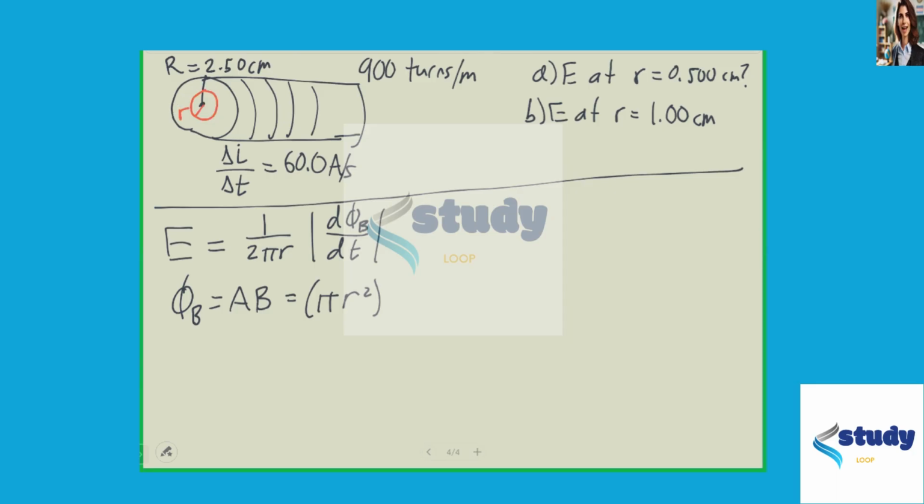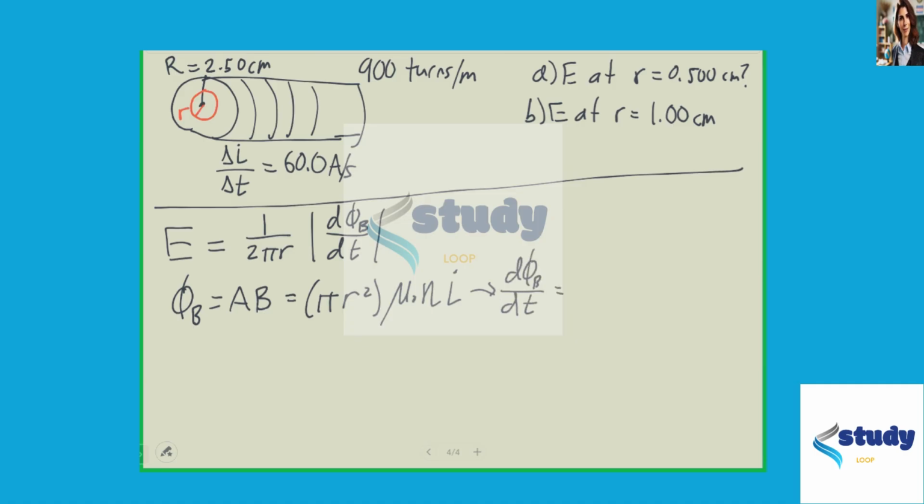And the magnetic field is the magnetic field due to a solenoid, which is mu naught times n times I. So mu naught is the classic constant, the permeability of free space. Little n is the number of turns per meter, and I is the current in the coil. So that's the flux.